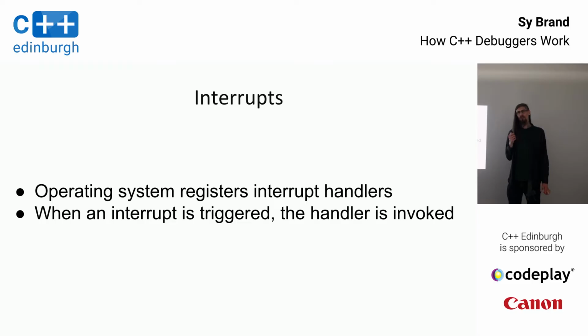Is anyone not familiar with interrupts? Okay, great. So essentially, the operating system can register interrupt handlers, so when different specific things happen in the processor, those interrupt handlers will get called, and they can do some special thing before eventually handing the control back to the application.